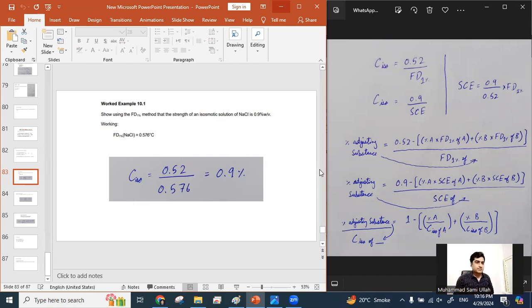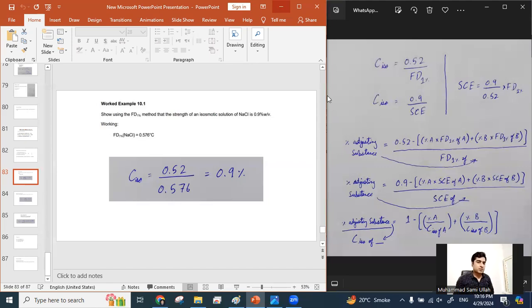So they have given us the FD 1% value of a substance. Here NaCl is 0.576 degrees centigrade, as we have just studied. We just need to put the value here in FD 1%, and it will give us the isosmotic concentration. This 0.52 is constant. It is going to be the same every time.